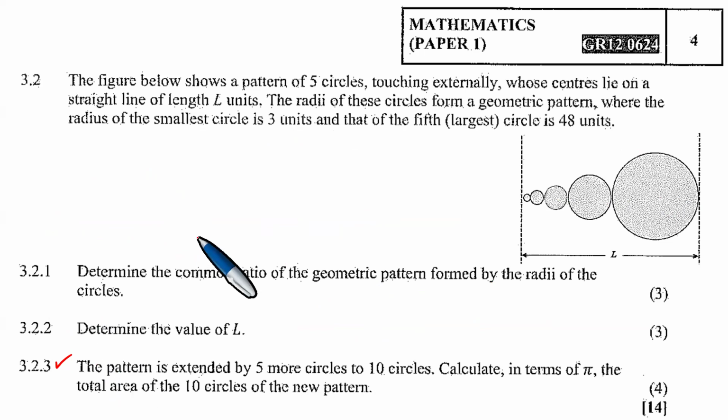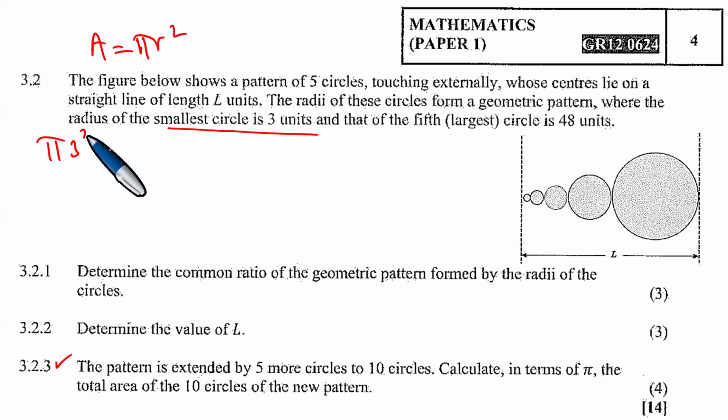So now, we are told in 3.2.3 that the pattern is extended by 5 more circles. Obviously you agree that we start with the smallest circle of radius 3 units, and given any circle, the area is pi r squared. So pi times the radius squared. And what would the radius of the next one be?